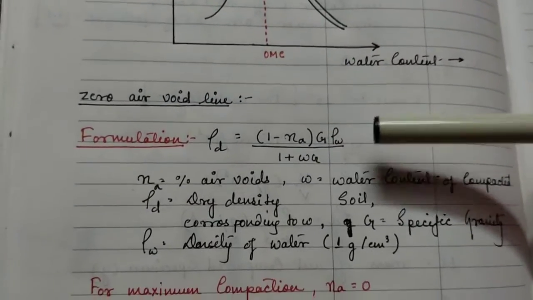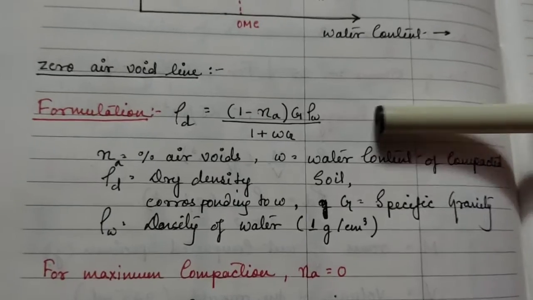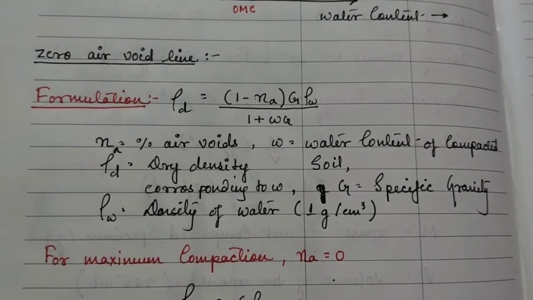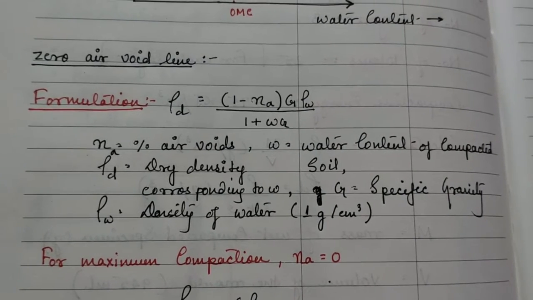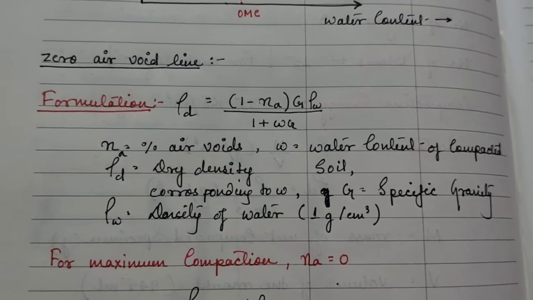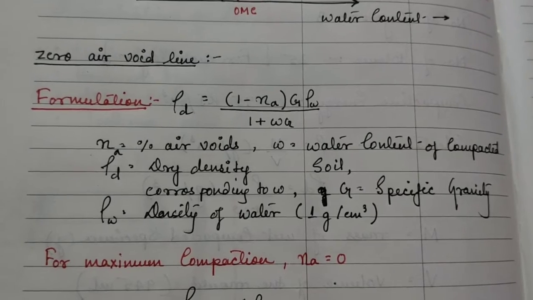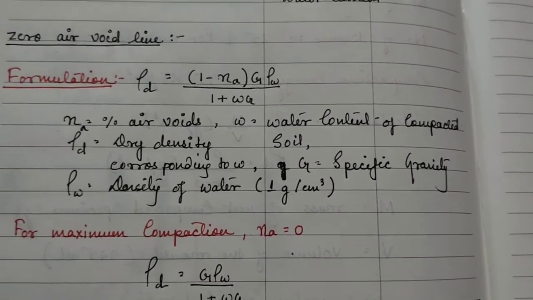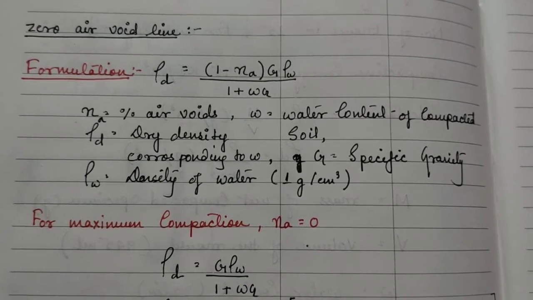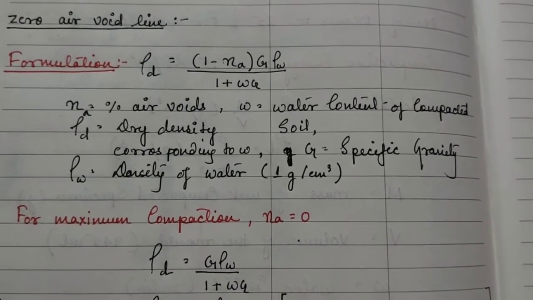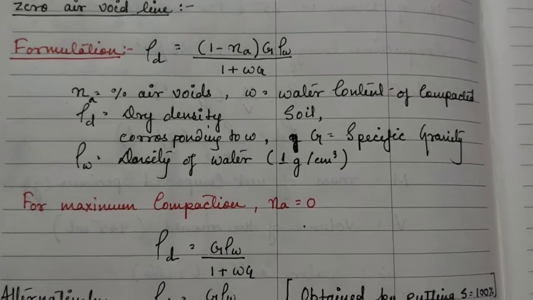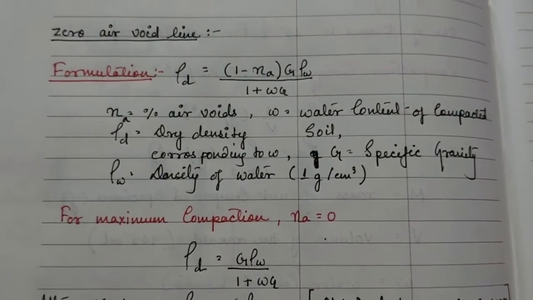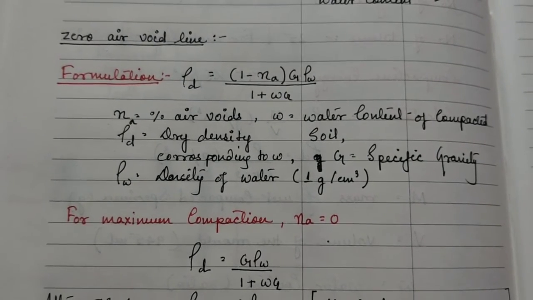This relationship can be established from this formula where rho d equals (1 minus na) into G into rho w divided by (1 plus wG), where na is the percentage air void, w is the water content of the compacted soil, rho d is the dry density corresponding to the water content, G is the specific gravity, and rho w is the density of the water, which is taken as 1 gram per cc.